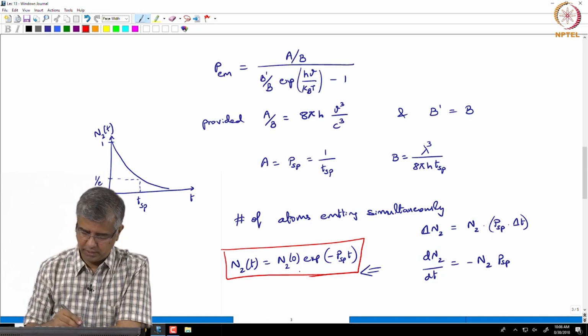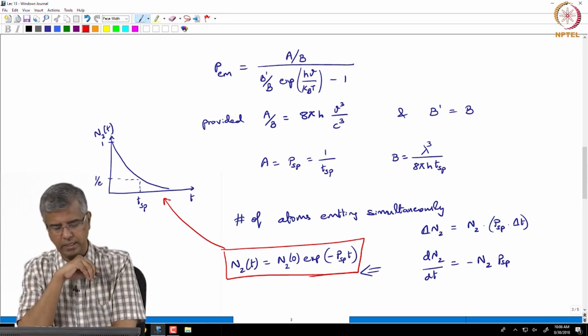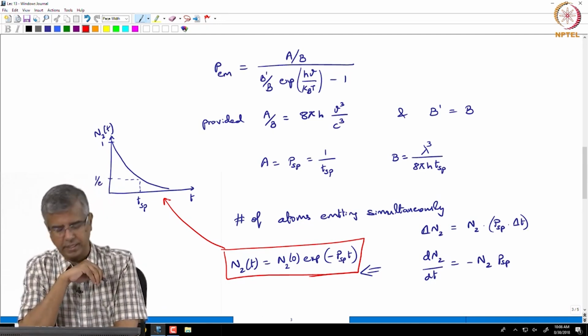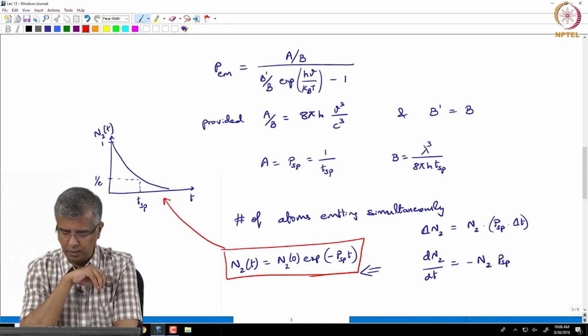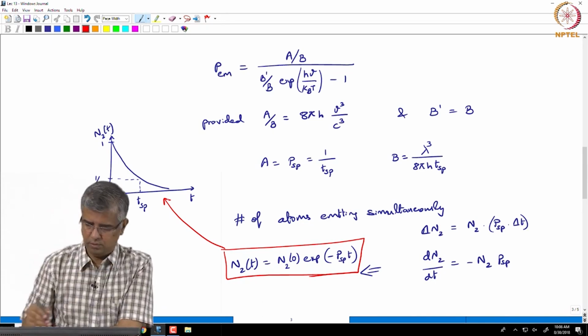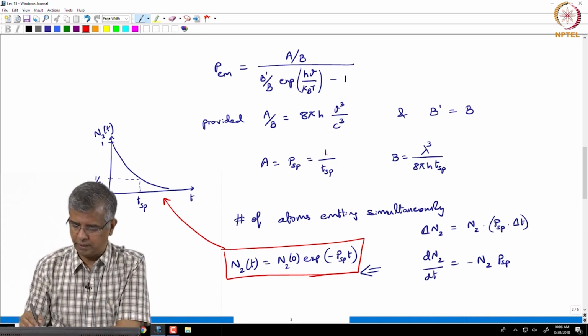solution you get for spontaneous emission, and that is what we are essentially representing over here, where PSP is what we have identified over here.